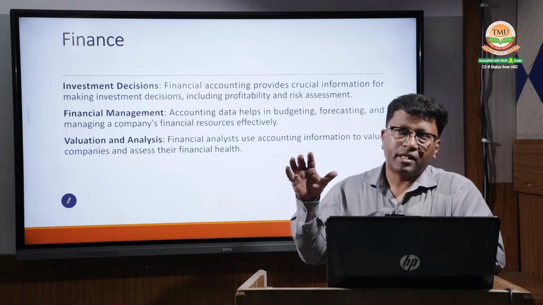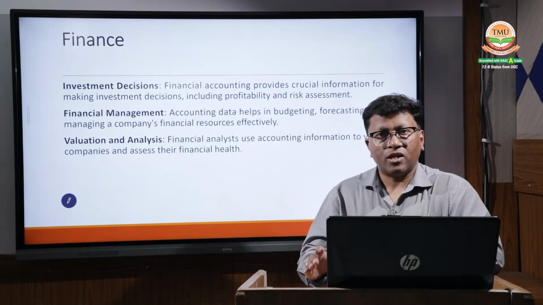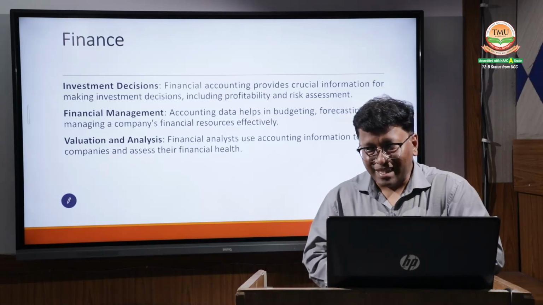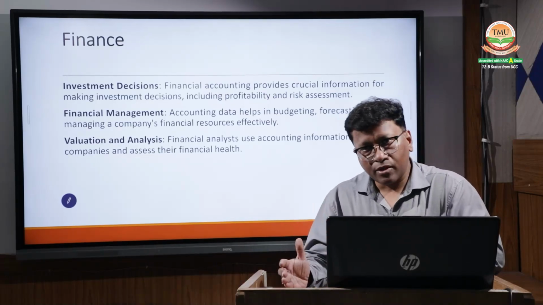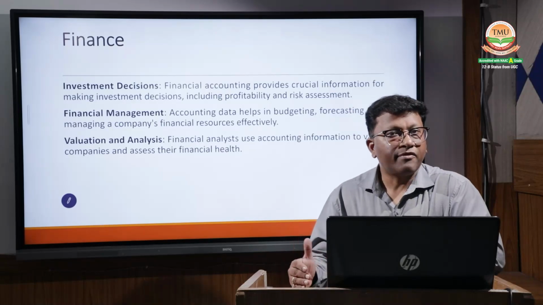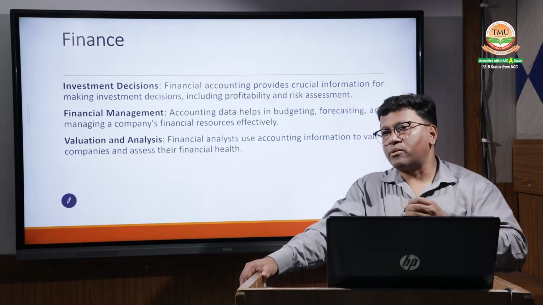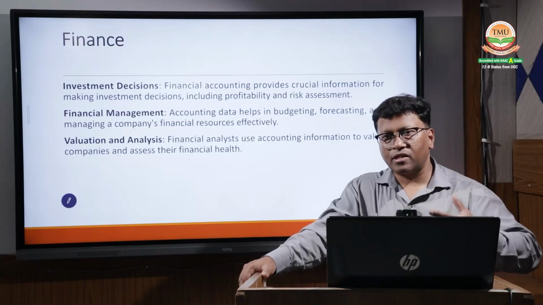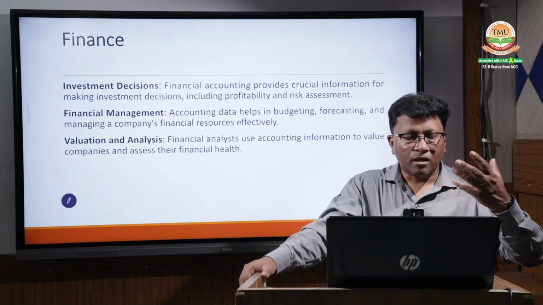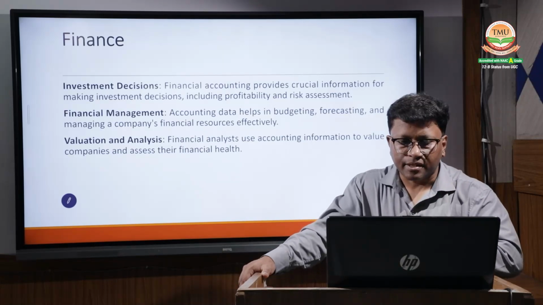Whenever it comes to finance, in financial management we need to take some decisions, right? For example, capital budgeting. For example, dividend policy you have to make. At that time, no doubt, you need the accounting information, and on the basis of this information you would be making some policies and taking some decisions, right?